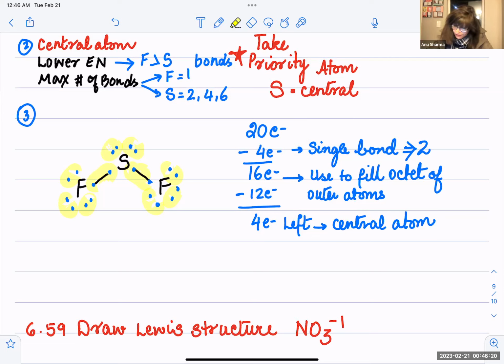Okay, so if you look at the octet now, the octet is 8 electrons. This fluorine has 1, 2, 3, 4, 5, 6, 7, 8. This one has 8 electrons, and then we have 8 electrons on sulfur. But keep this in mind: sulfur can follow the octet, but sulfur can also defy the octet.